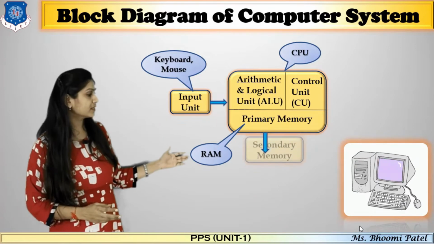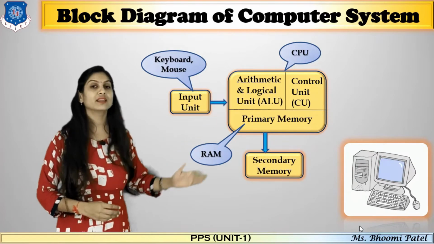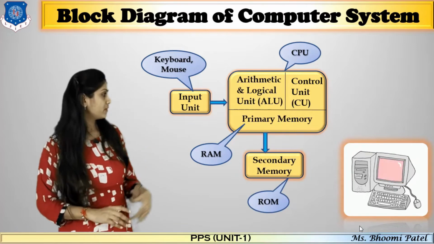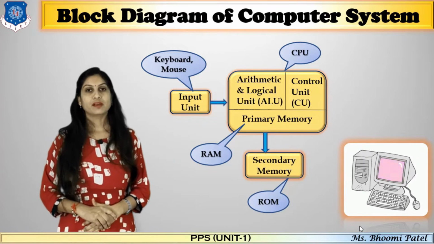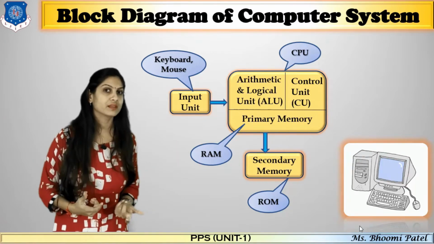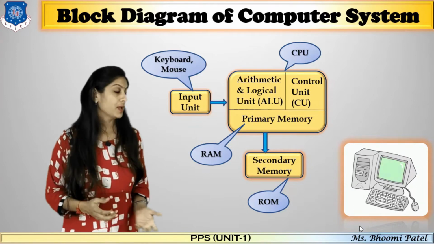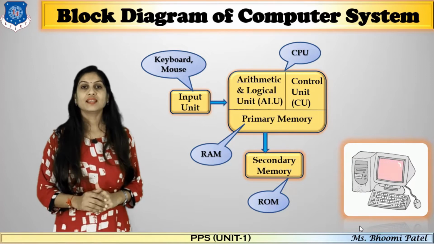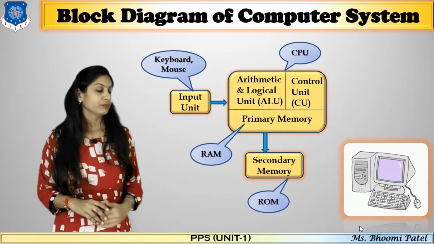Now the second kind of memory is the secondary memory unit. What is the difference between primary and secondary memory? As we discussed, primary memory is temporary memory, meaning data is lost. But secondary memory is opposite to it, meaning it is non-volatile.